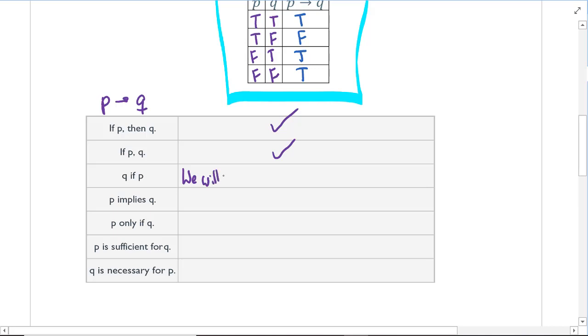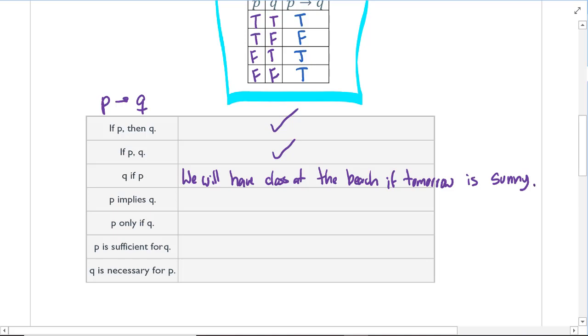We will have class at the beach. Sounds fun, doesn't it? If tomorrow is sunny. And sometimes we have to change a tense here or there to make the sentence grammatically correct, and that's totally okay. Now, P implies Q.